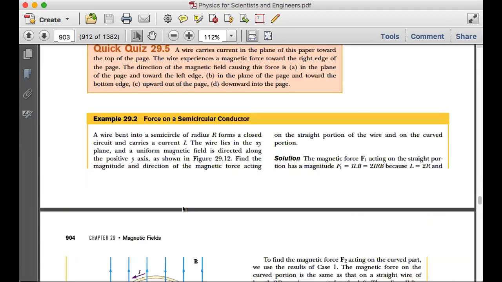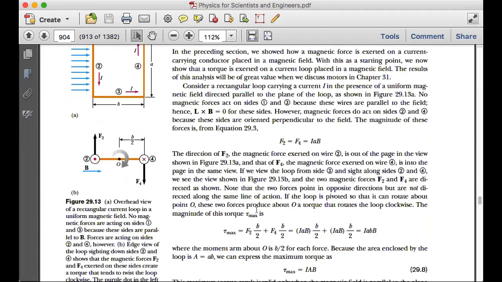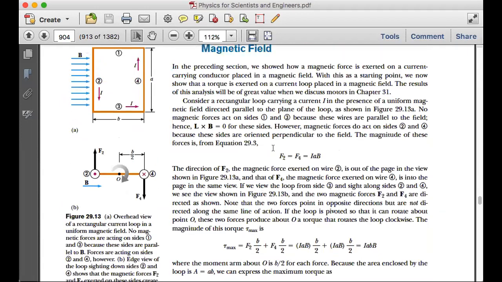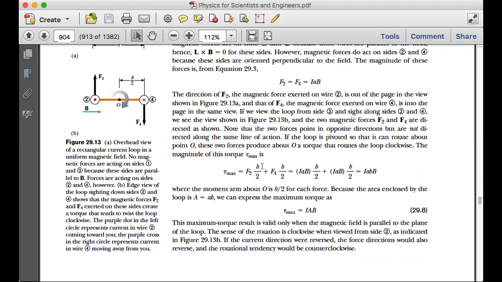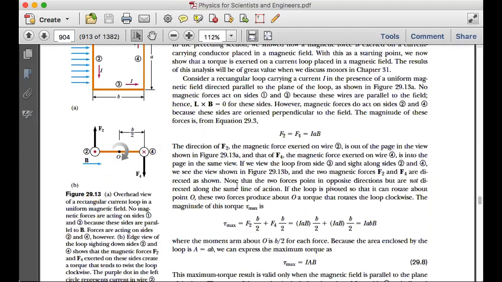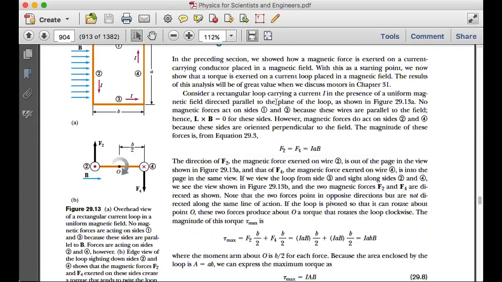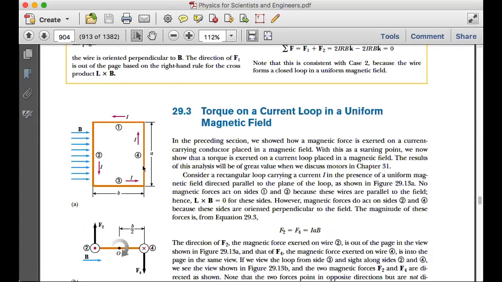Let me see if there is, okay, this one. For example, this torque, like this. There is a torque here. This torque is IAB. This is the rectangular.